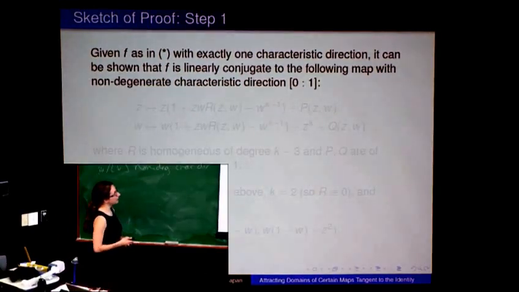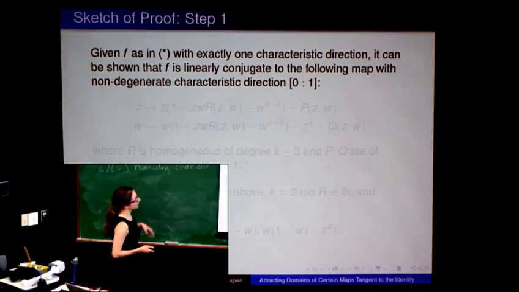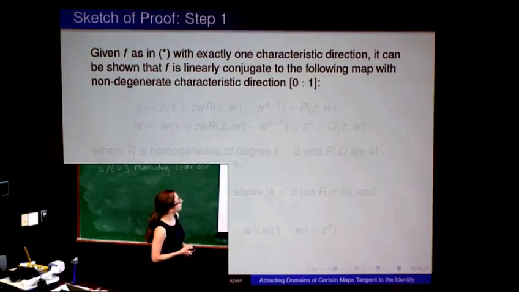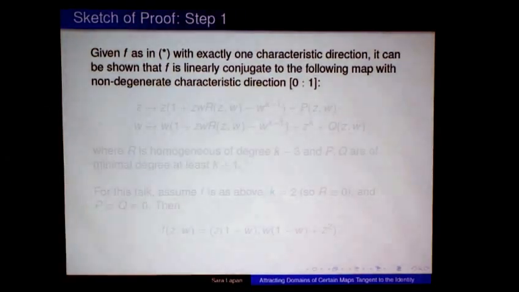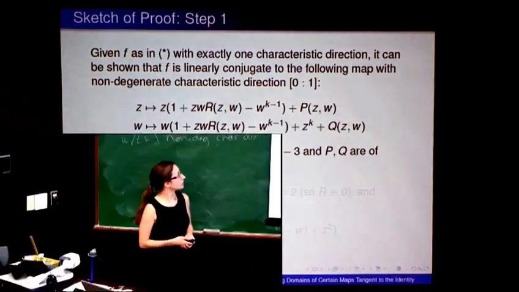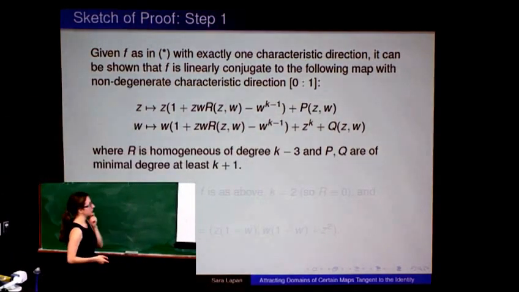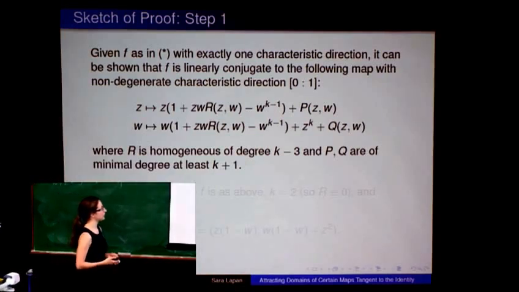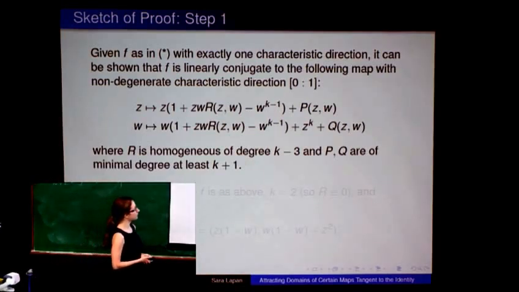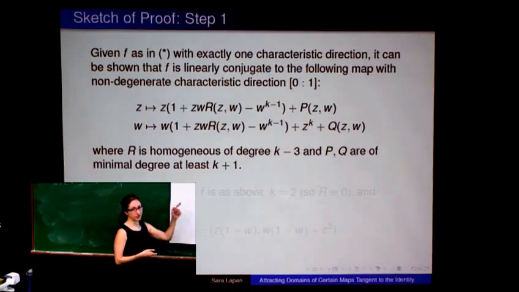Given f as in star, with exactly one characteristic direction, it can be shown that f is linearly conjugate to the following map with non-degenerate characteristic direction at (0, 1). We have z goes to z times (1 plus zw times r of zw minus w to the k minus 1 plus p of zw).